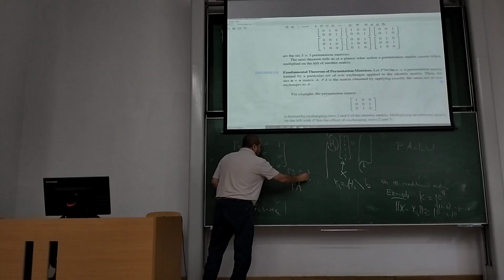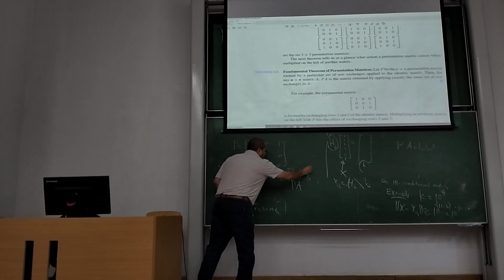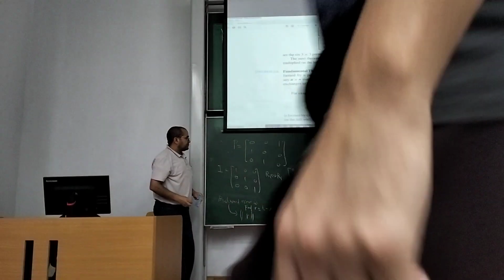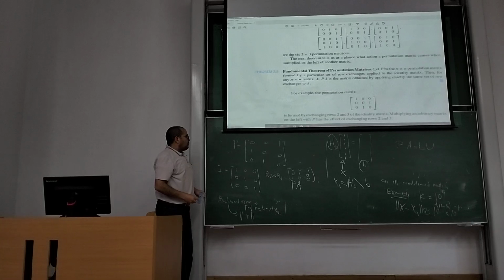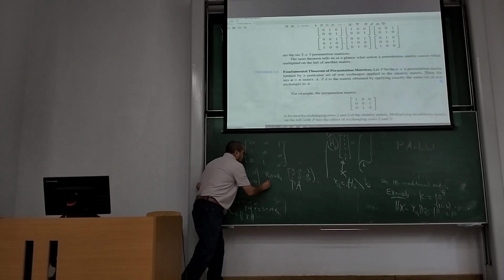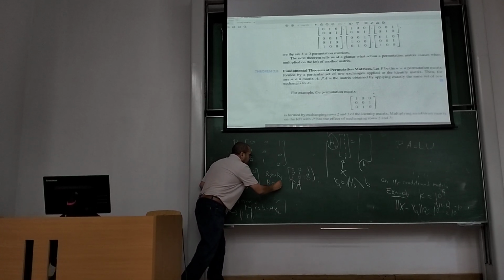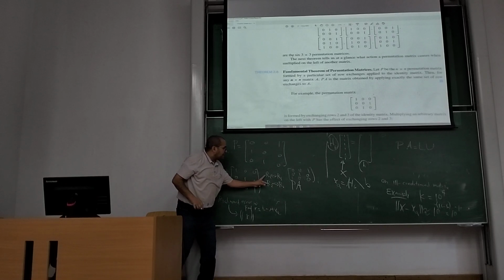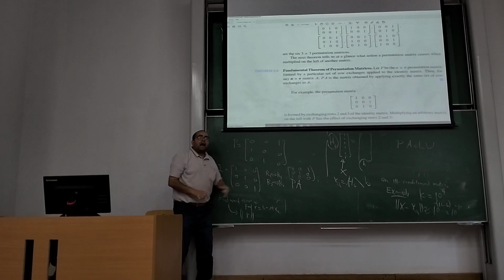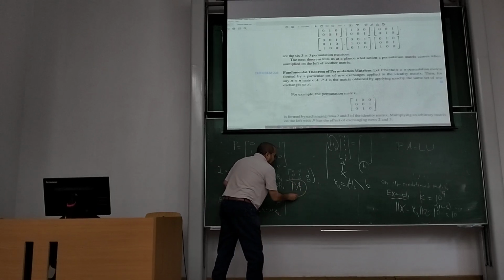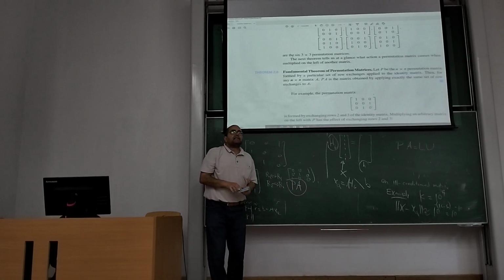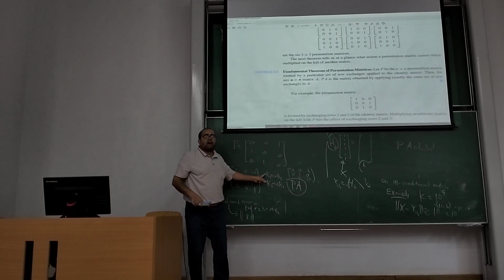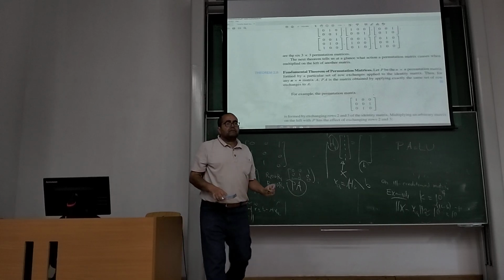The second row is not going to change. I still need one more operation: swap 2 and 3. So again, I got P from the identity matrix by these two operations. Multiplying P times A will have the same set of operations on A itself.